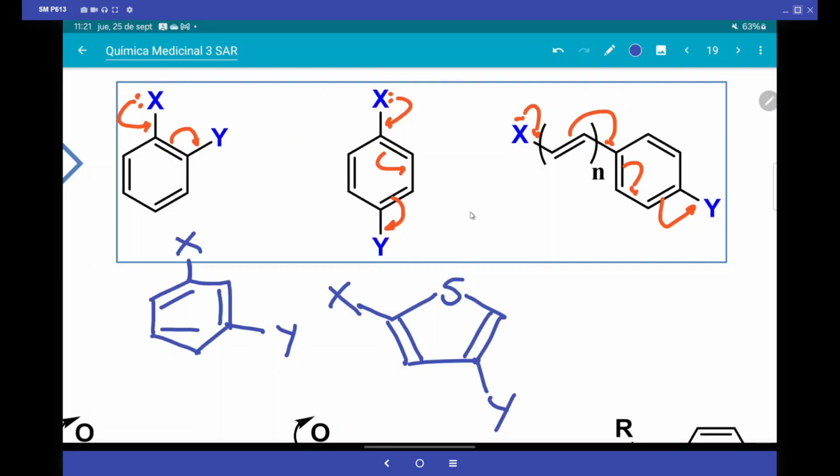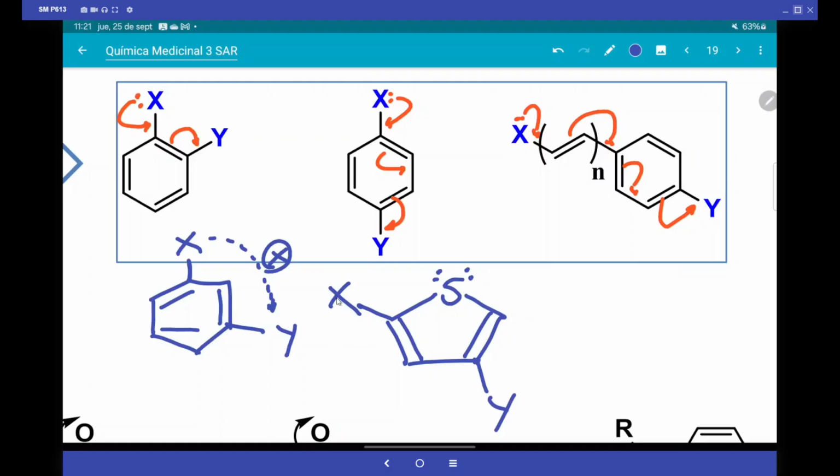Then, in the first case, the resonance distribution is not preserved, because there is no conjugation. Then there is no resonance conjugation. I cannot reach resonance. And in the second case, remember that this sulfur participates in the resonance, contributes to the aromatic with one of its electronic pairs.